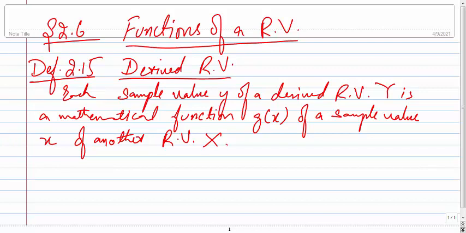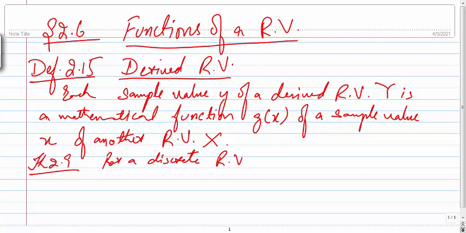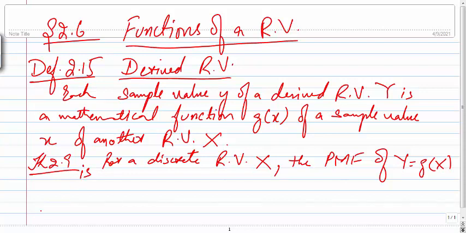Now let's look at the theorem here. Theorem 2.9 says that for a discrete random variable X, the PMF of capital Y equal to g of X is, because as we know we have to write the PMF for the random variable, so this is for random variable Y, equal to the summation over x such that g of x equals y of P_X of x.